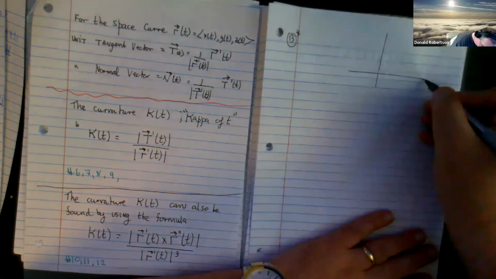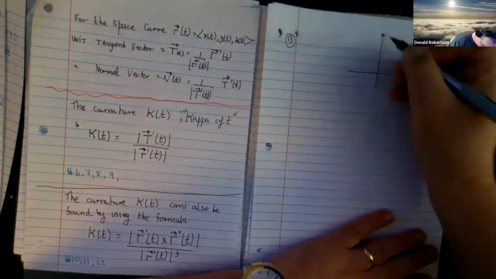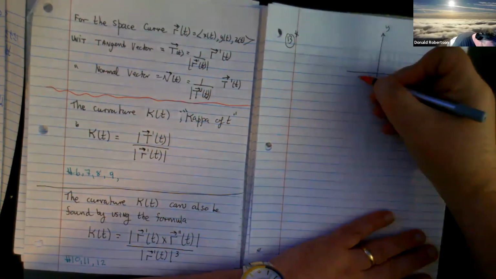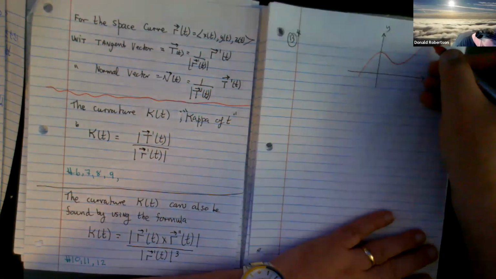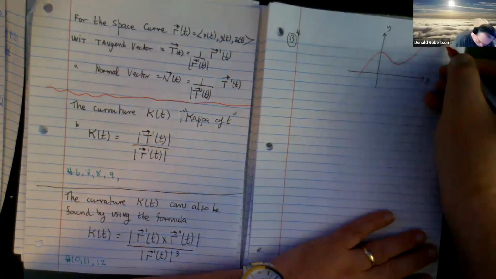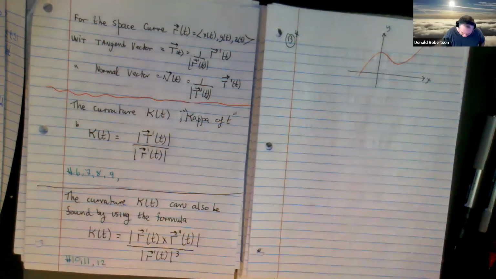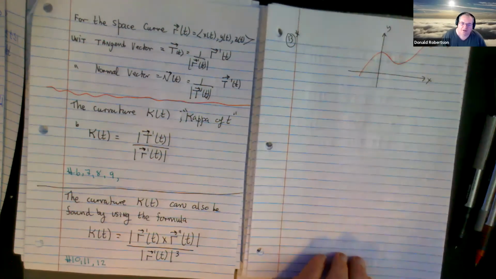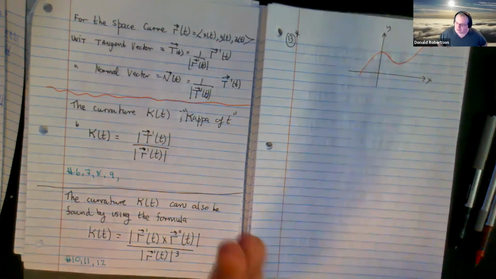There is a formula which you've never used because it wasn't a thing we'd expect you to know about for 2D functions. You can find the curvature of a 2-dimensional function, just a normal calc 1 function.